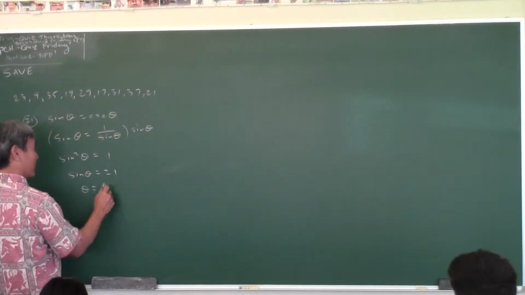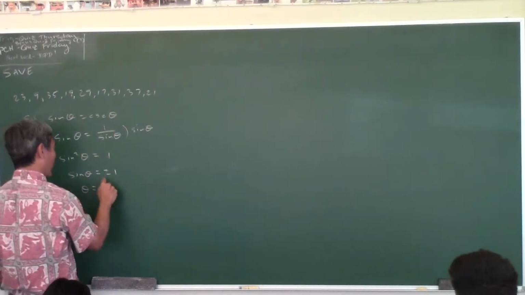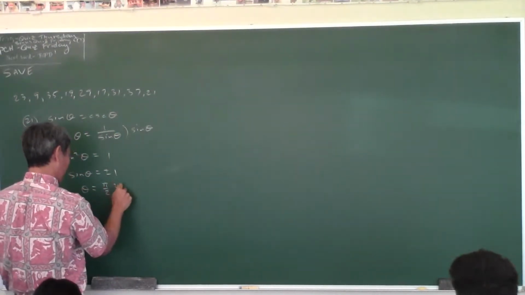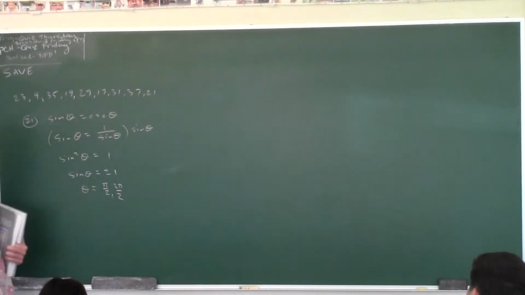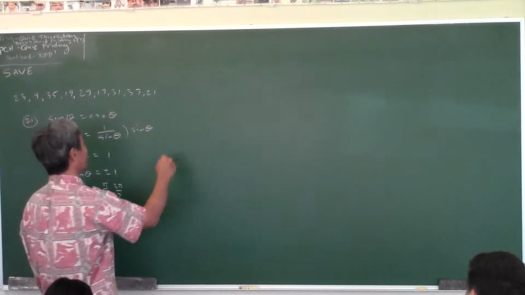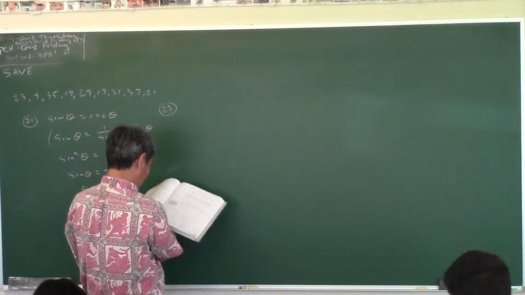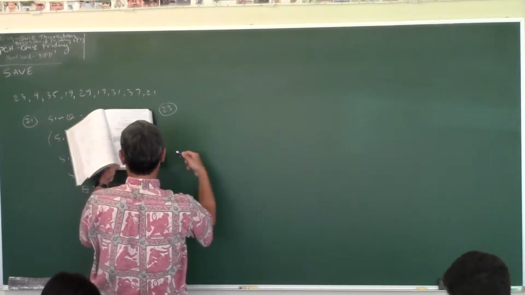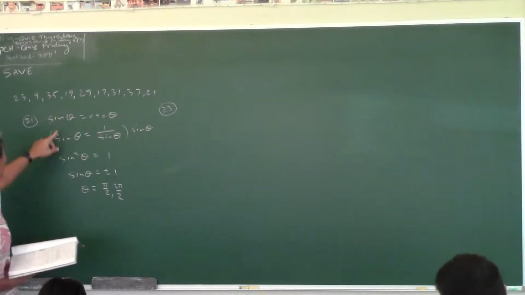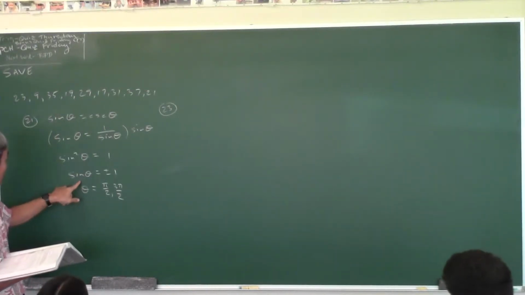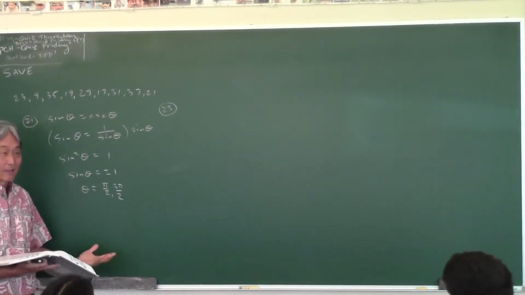So it'll be pi over 2, and sine is negative 1 down here, 3 pi over 2. Boom. That 21 was an easy one. 23. So tomorrow, what if I change that to cosine and secant? It would be the same problem, except it'll come out to cosine theta is plus or minus 1.